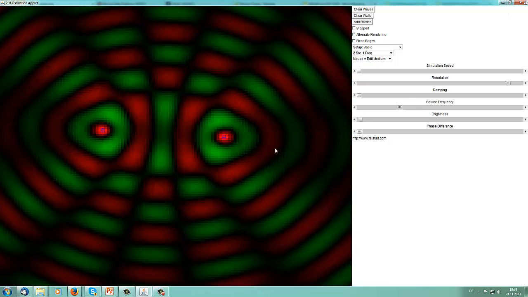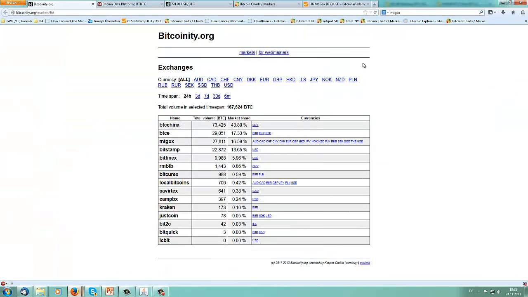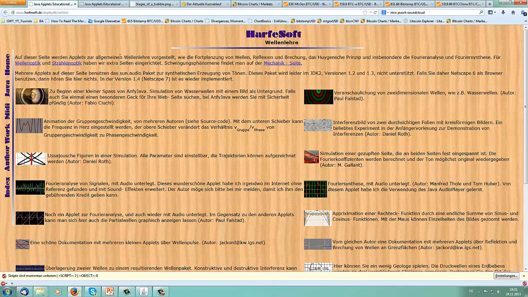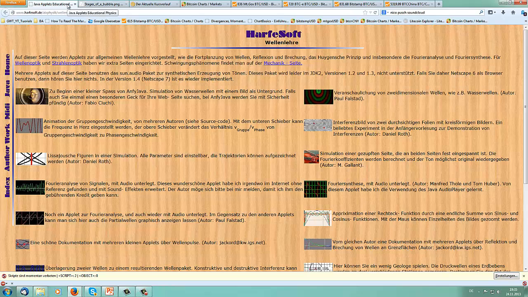Let's just close this and stop it. Just for source reasons, this one was from harvestsoft.de. It's just some physics site, I think for students. Thanks for this applet for visualization. Let's go on further.